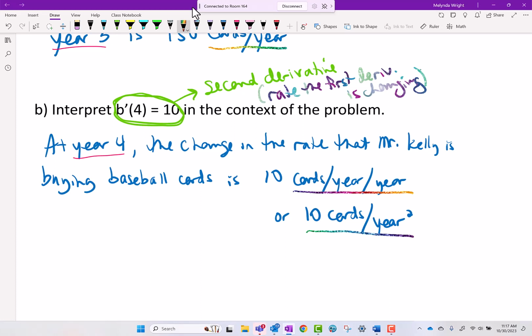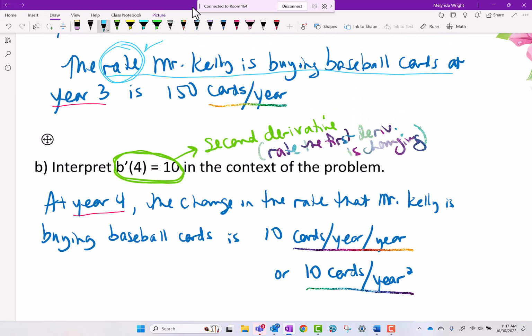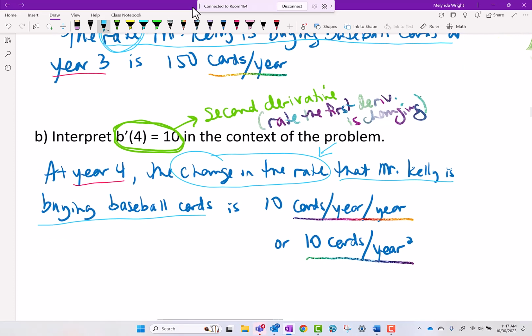The noun or action going on is, remember how up here we wrote the rate? Here we're writing the change in the rate. The change in the rate really describes what's happening to the rate. The first derivative is changing. The change in the rate that Mr. Kelly is buying baseball cards is 10 cards per year.